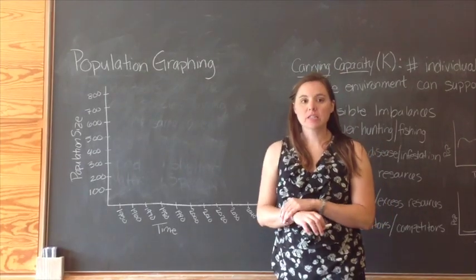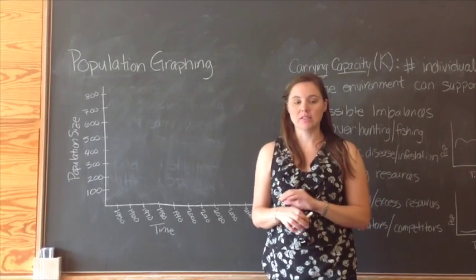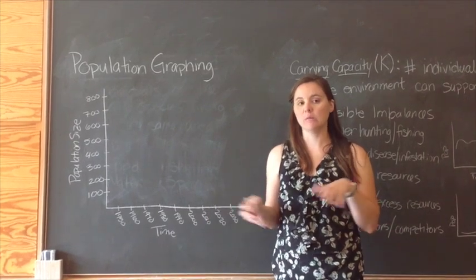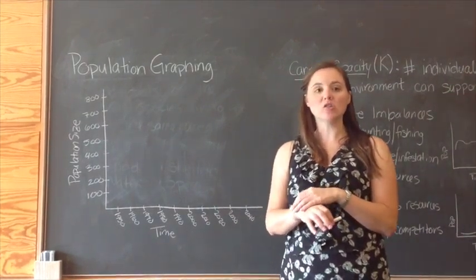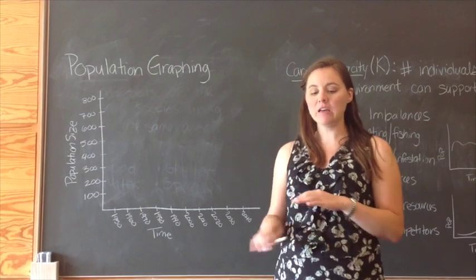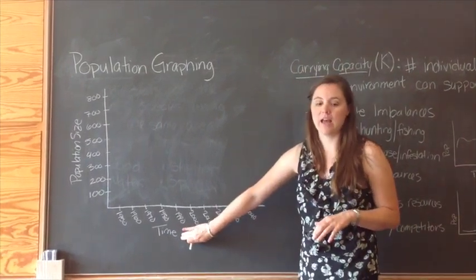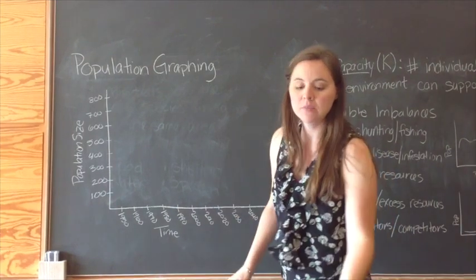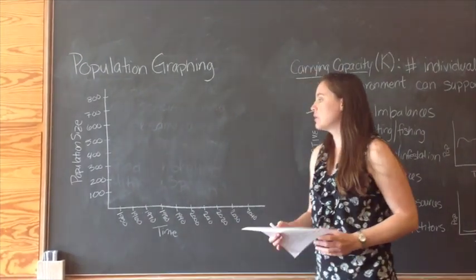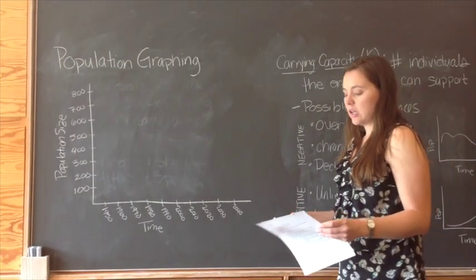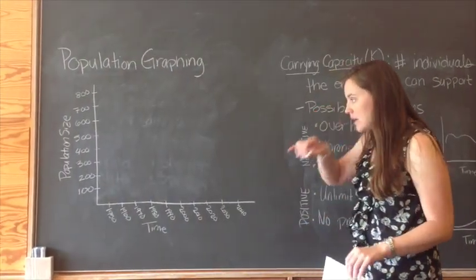All right, now we're going to talk about graphing our population size. We're talking about a change over time. With any change over time, we're going to use a line graph. And we have to remember that time always goes on the x-axis for graphs. The first thing we do is plot our data, plot the population size according to the number of individuals at a given time.